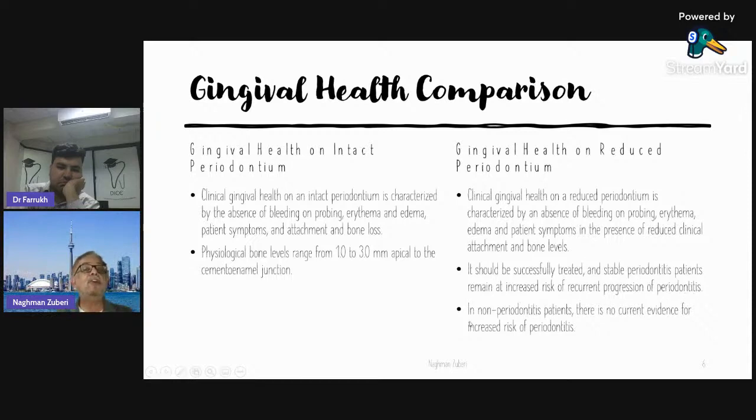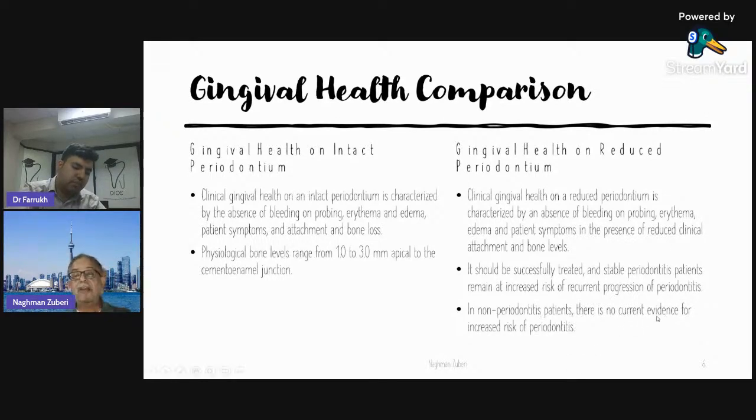In the non-periodontitis patients with reduced periodontium, I have already mentioned that these are those patients where either because of the recession, could be because of age-related factor, or it is because of some procedure which we have performed, like the crown lengthening procedure.